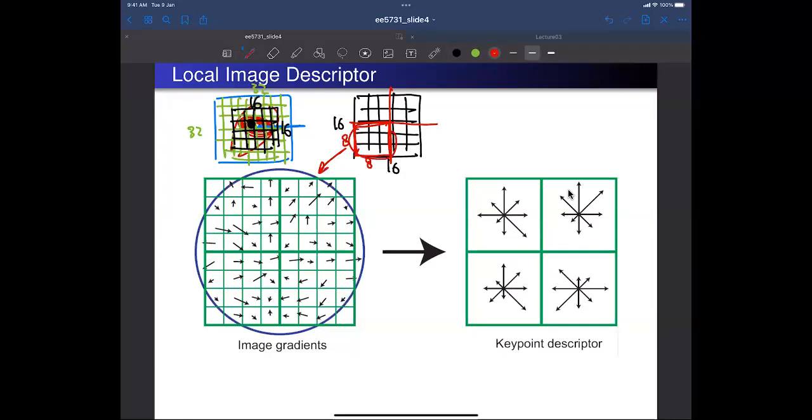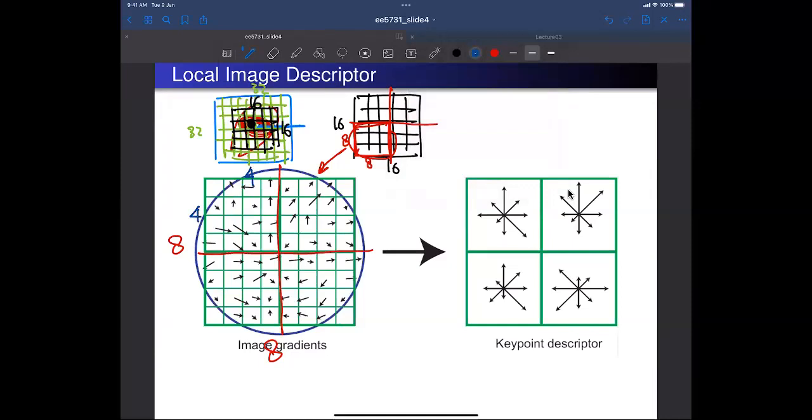So let's take a look at this 8 by 8. In 8 by 8, we split again into 4 by 4. So here we have 4 by 4.